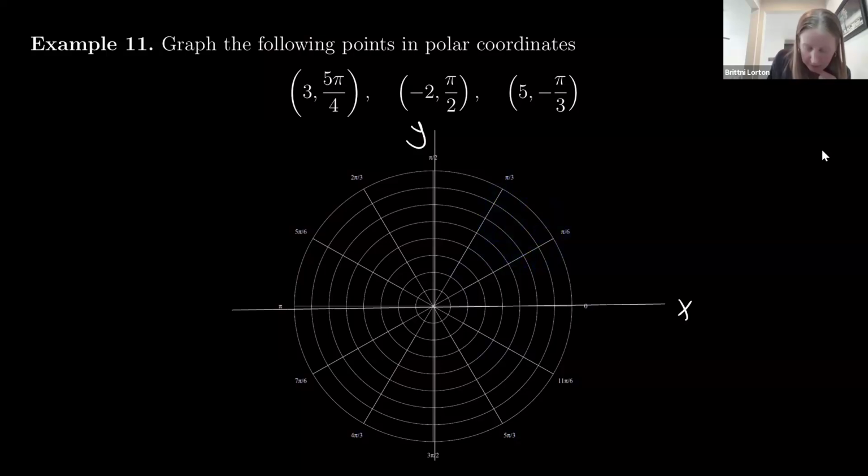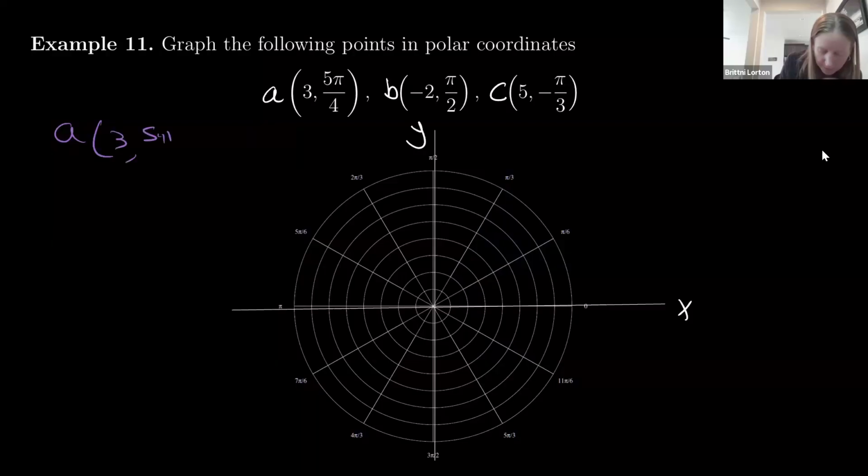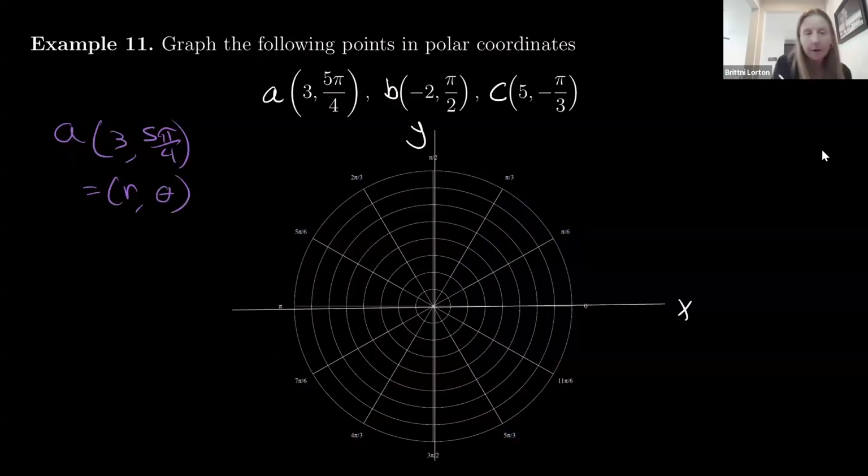So I'm going to look at the ordered pair. I'll start off with the point A, and then I'll do the point B and then the point C later. So A is the ordered pair 3 comma 5 pi over 4. And when I think of 3 comma 5 pi over 4, I really do mean the r comma theta, where r is going to be the distance away from the origin.